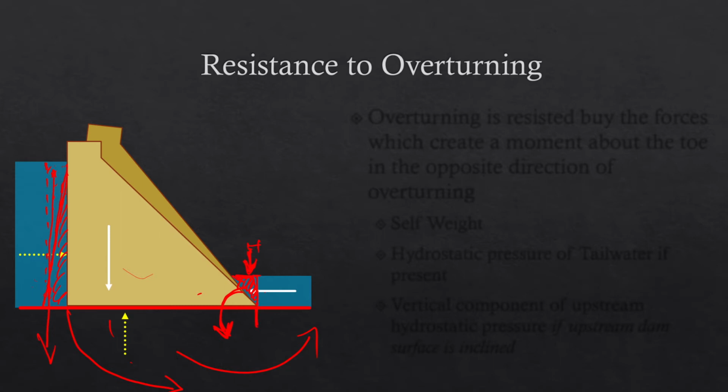Suppose this is the point, this is the toe, and this is the line of action of this vertical weight of this small amount of water, then we'll have a small moment like this. So all these forces will be trying to resist that overturning.